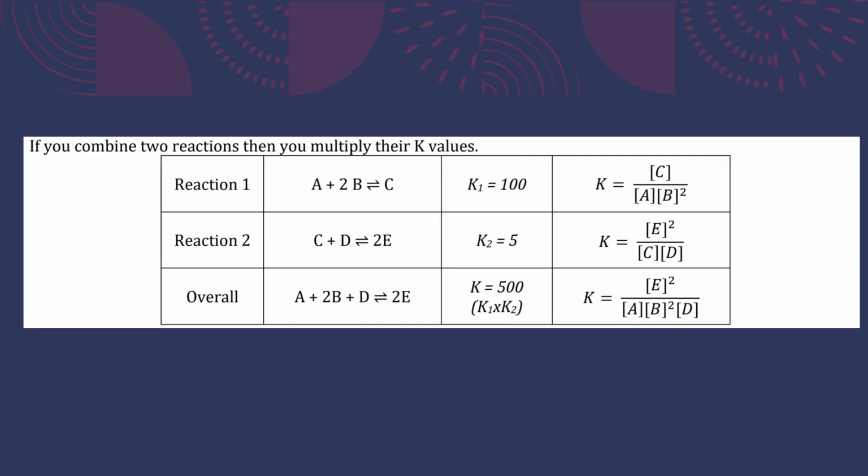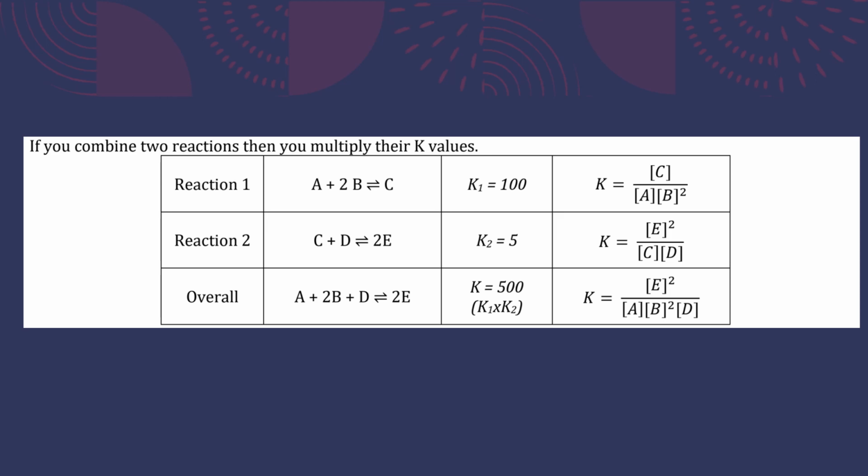If you combine two reactions, then you multiply their K values. So we can see from the first example, we are just adding them together because our C's cancel out. So we're left with A plus 2B plus D produces 2E.